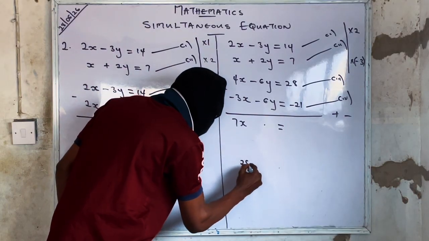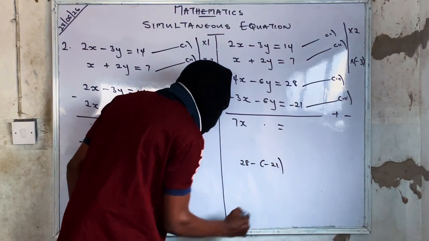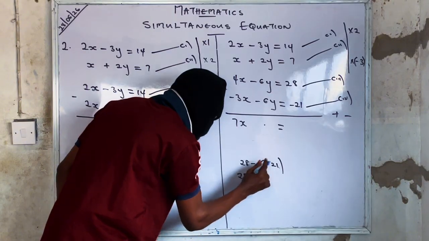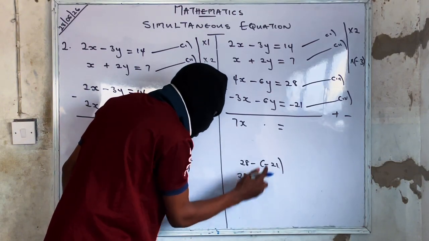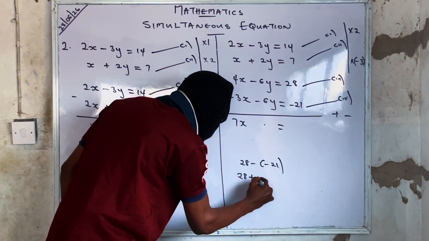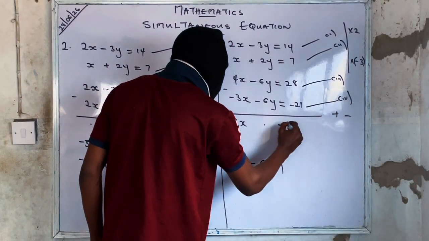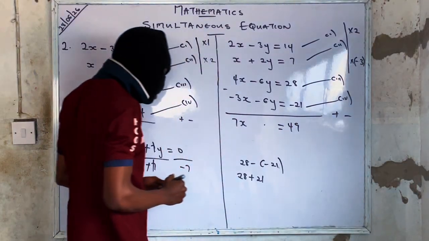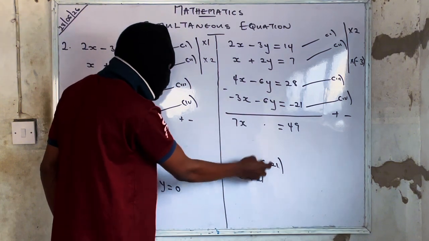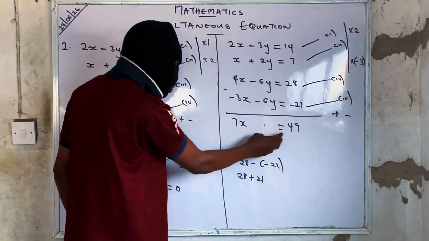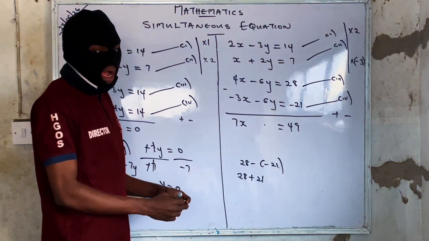You have 28 minus into bracket 21. That is 28, minus times minus will give us plus 21. So the answer will give us 49. So 28 minus into bracket 21 will give us 49.